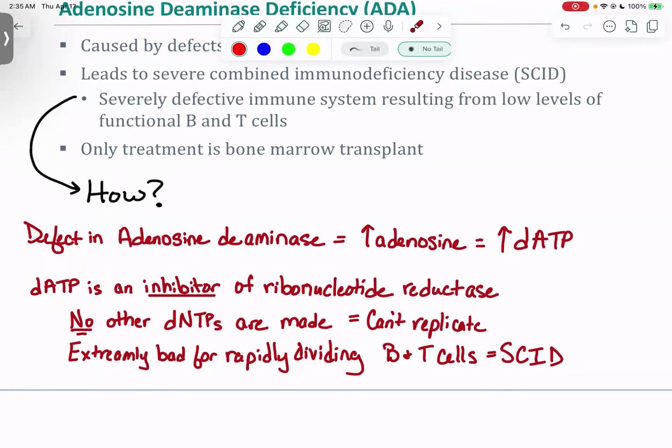And so the DNA can't replicate and the cells can't replicate. And so the cells that are highly turning over very quickly, rapidly dividing, those are the most affected, which are the immune cells, specifically B and T cells. And so if you don't have B and T cells, your immune system is shot.